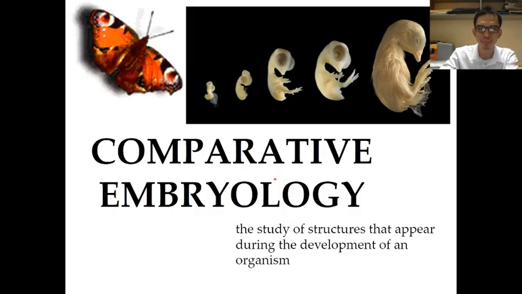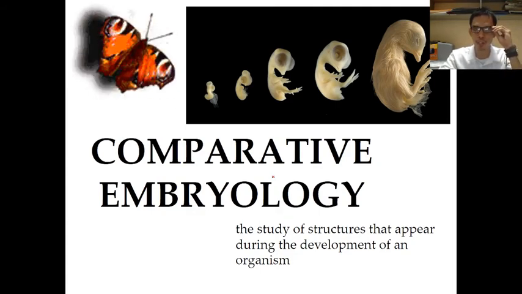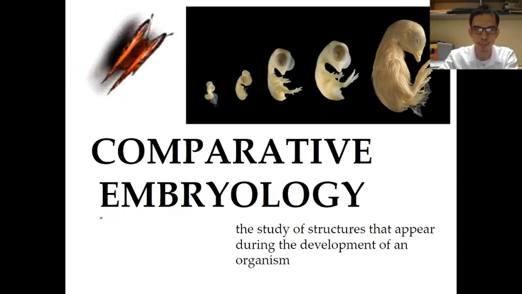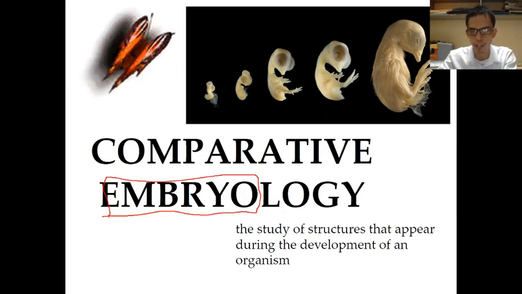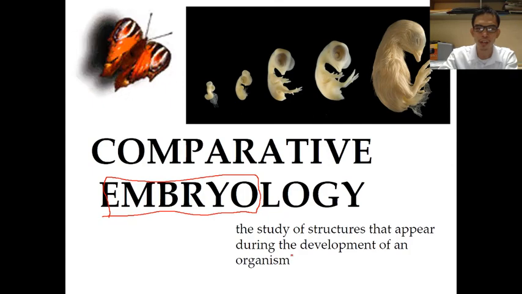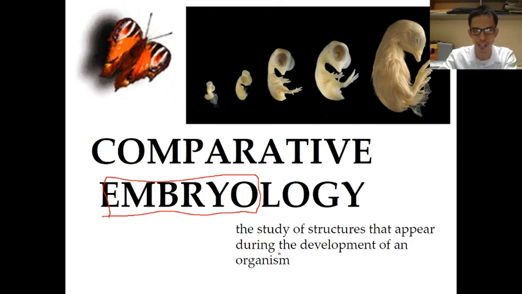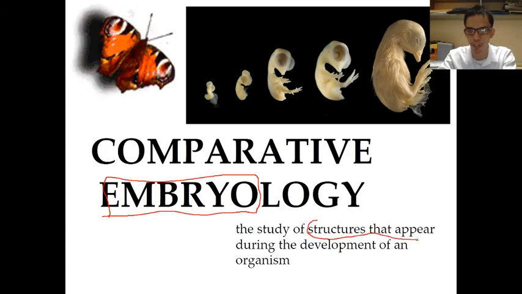Next one. The third evidence of evolution is called comparative embryology. In this case, we will take a look at the embryo of each organism, their early development, and compare it with the early development of other organisms to see if there are structures that appear during development which are similar to each other.